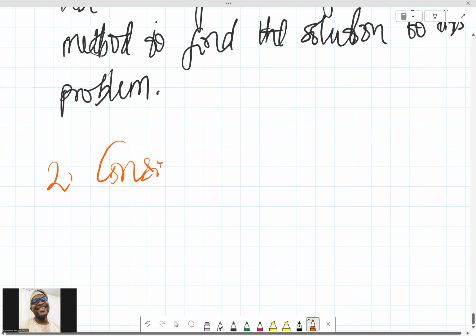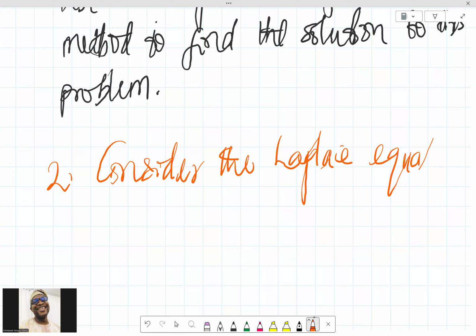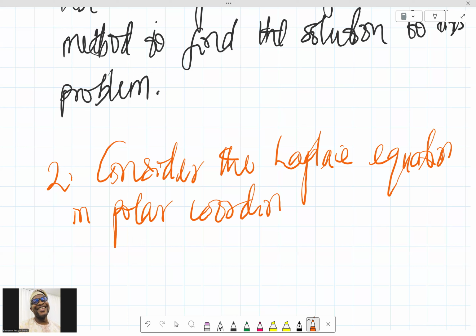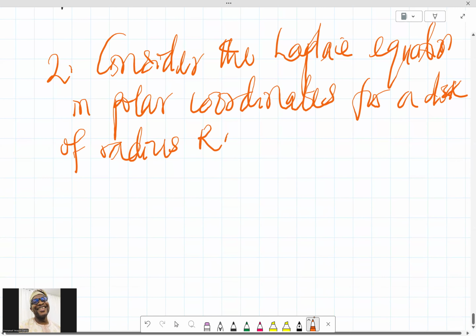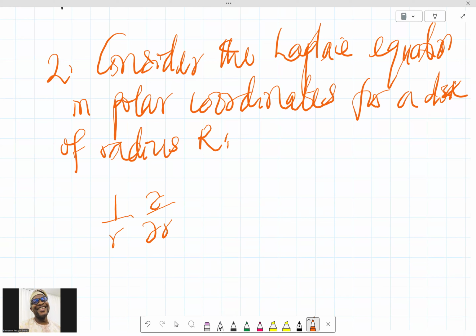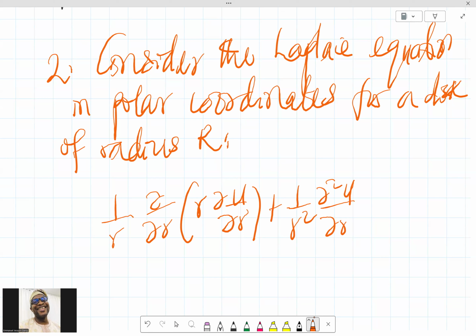Consider the Laplace equation in polar coordinates for a disk of radius r, which is 1 over r partial r of r partial u partial r plus 1 over r squared partial squared u partial theta squared equals 0.